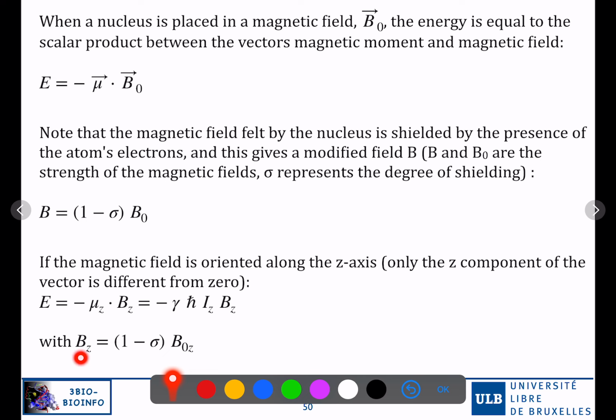And keep in mind that Bz is equal to 1 minus sigma times B0z. So B0 is the magnetic field that you imposed on the sample.